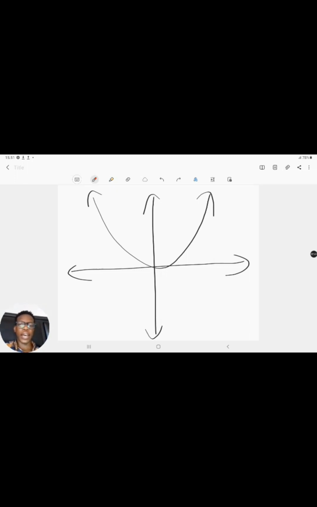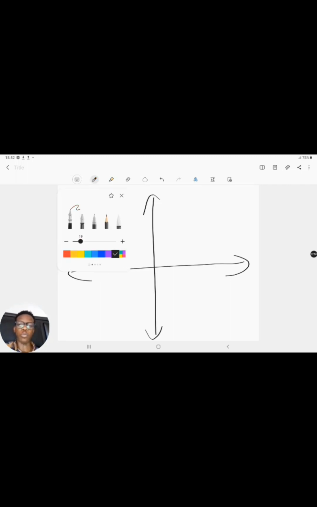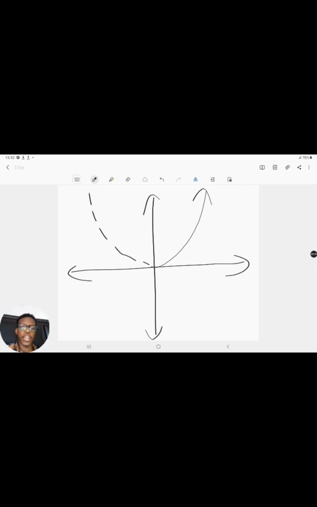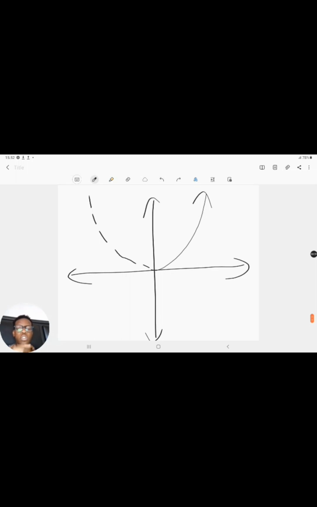Instead of finding the inverse of this entire function, I'm just going to find the inverse of only a portion of this function. That function, remember, looks like that. I'm only going to find the inverse of this portion.